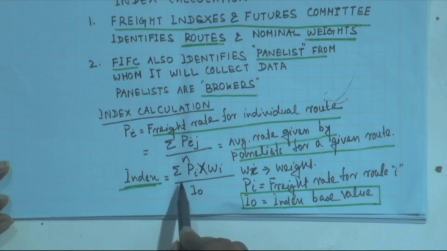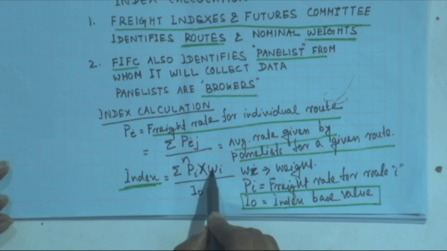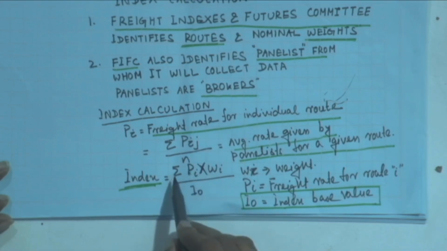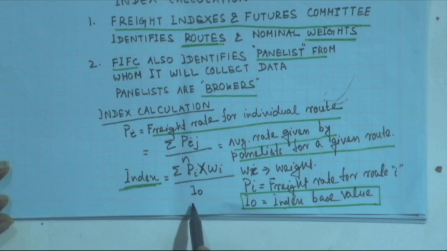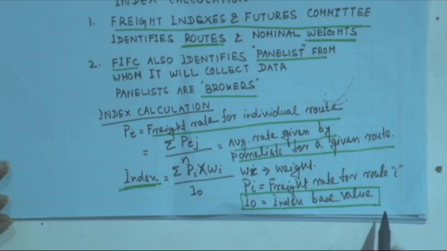The index value is the summation of Pi into Wi, that is, the price of one route into the weight of that route, summed up and divided by the index base value. This I0 is your index base value. This is how exactly the Baltic Exchange calculates the index for all the indices which we just discussed.